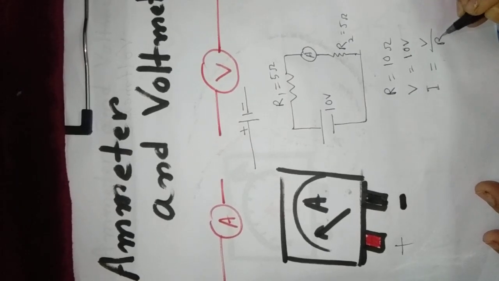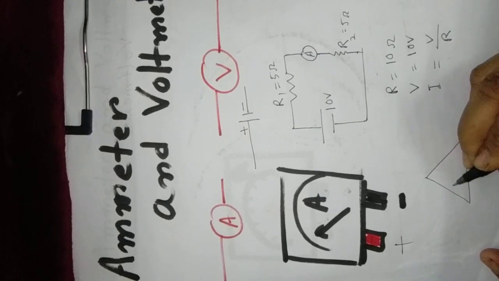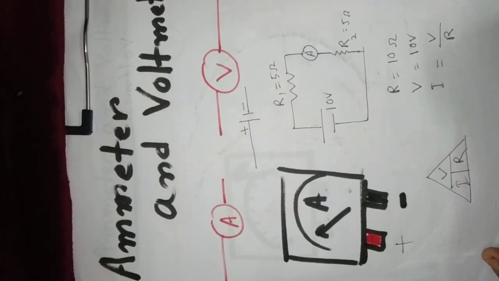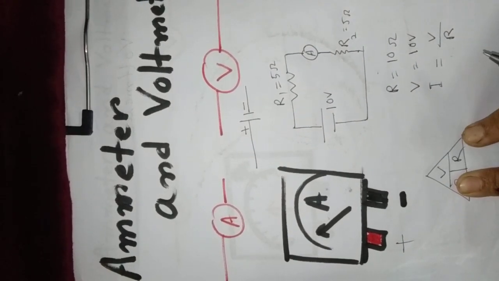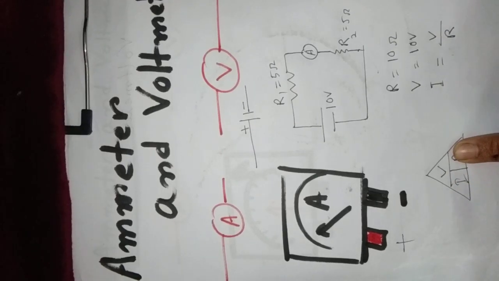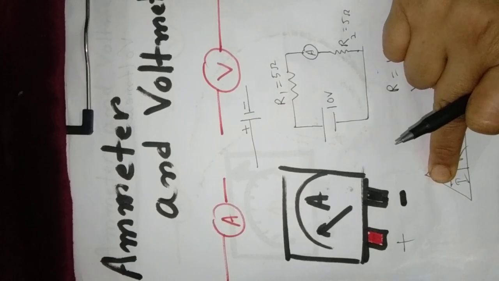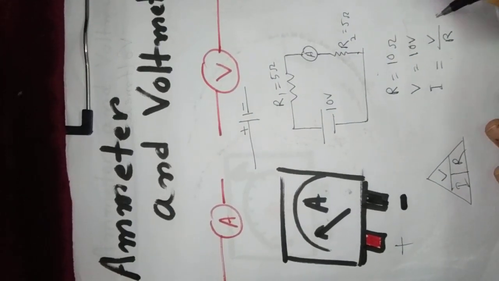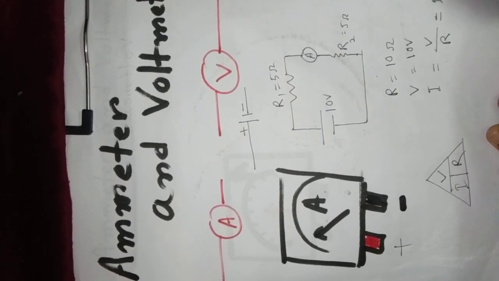V by R, because V equals IR. So if I want to measure I, then I equals V by R. If I want to measure R, then R equals V by I. And if I want to measure V, that is equal to I into R. So here the amount of current that will flow through the circuit is 1 ampere.